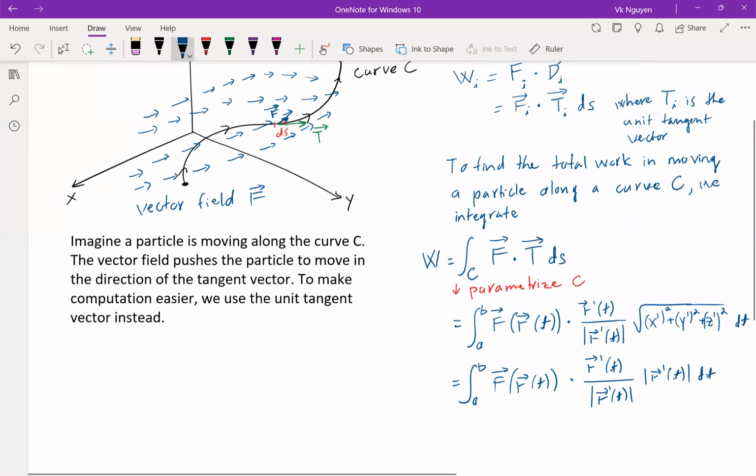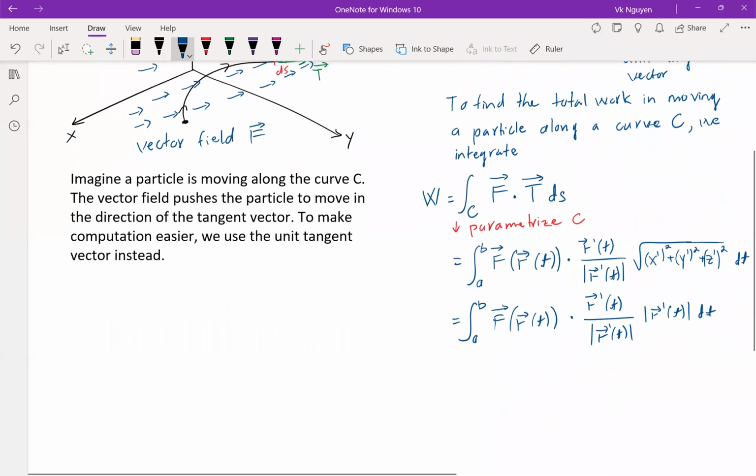So what we have here is the integral from A to B of F of r of t multiplied by r prime t dt.